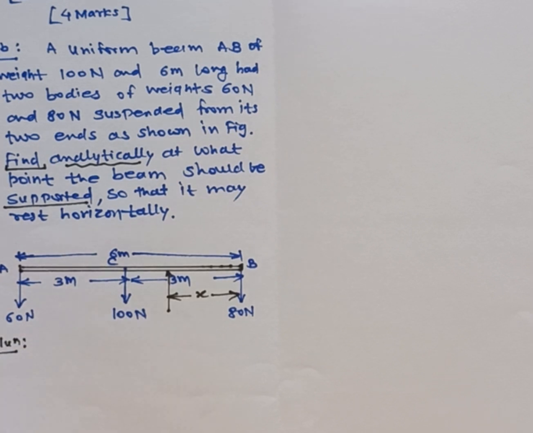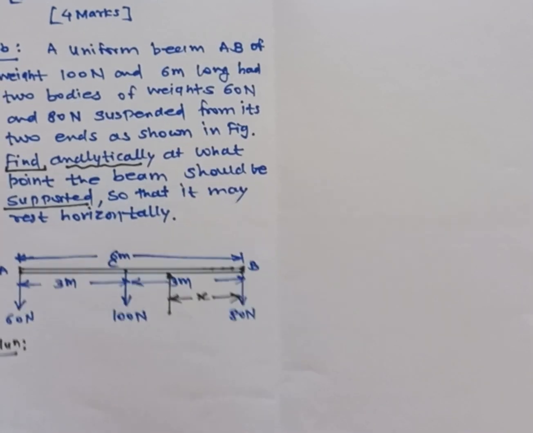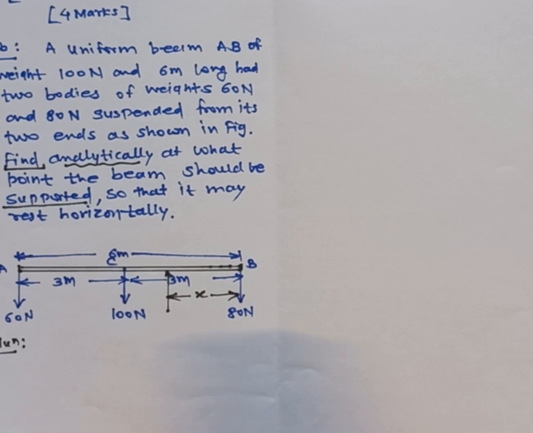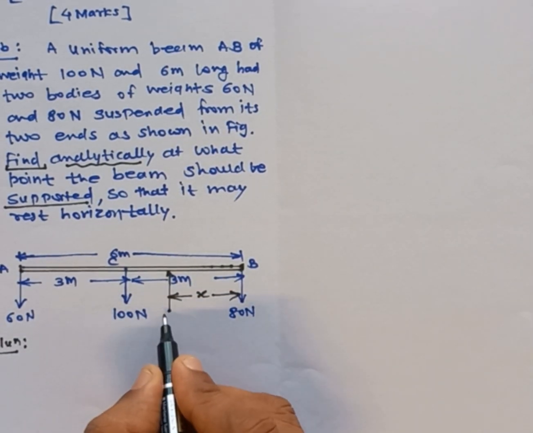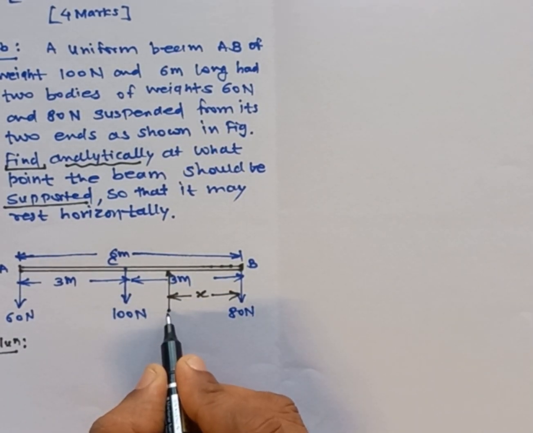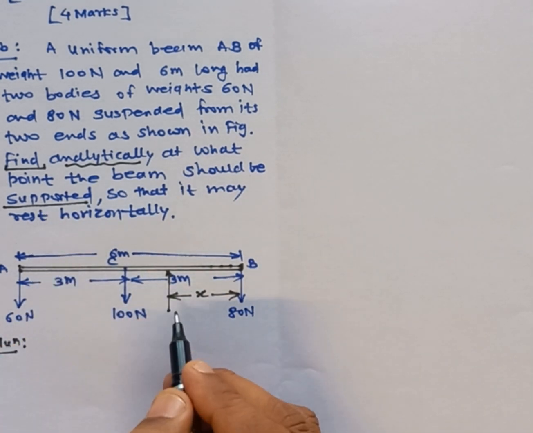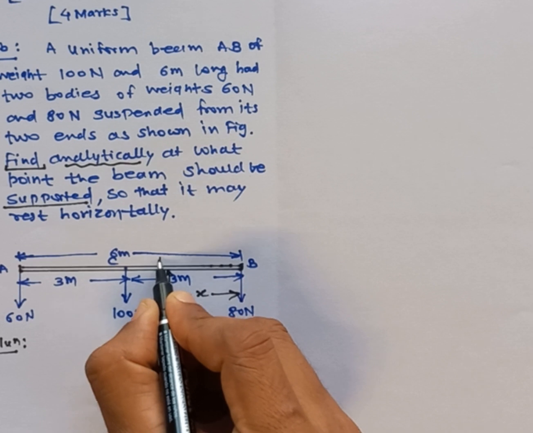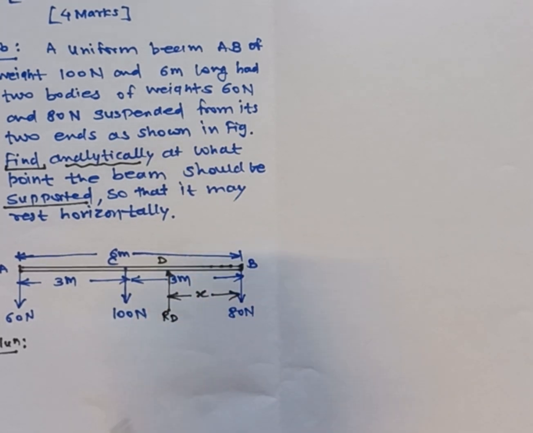Now what you have to do here, we know the principle of moment, right? But before that, I will find the magnitude of this support, and let us assume this is at point D, so this is RD.